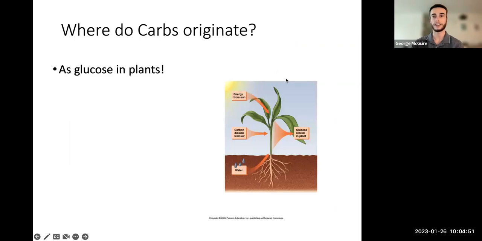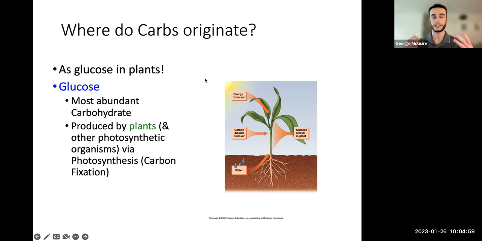All carbs on this planet start off as glucose in plants or some other photosynthetic organism. Plants, or again, other photosynthetic organisms like bacteria and protists, have the ability to capture the kinetic energy from the sun and use that to convert carbon that is in the atmosphere into organic carbon, which is sugar. That will always make glucose, which is our most abundant carbohydrate on the planet.